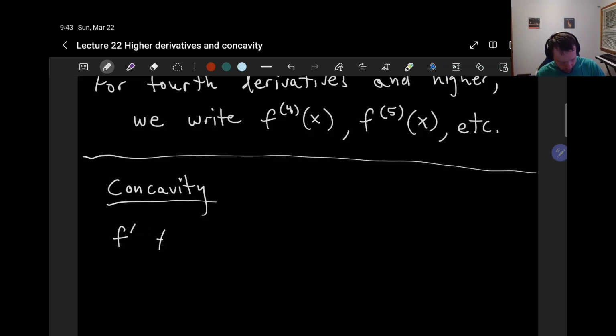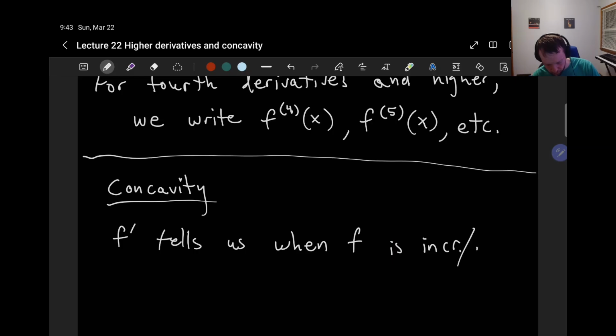So f prime tells us when f is increasing or decreasing. That's when the derivative is positive or negative.